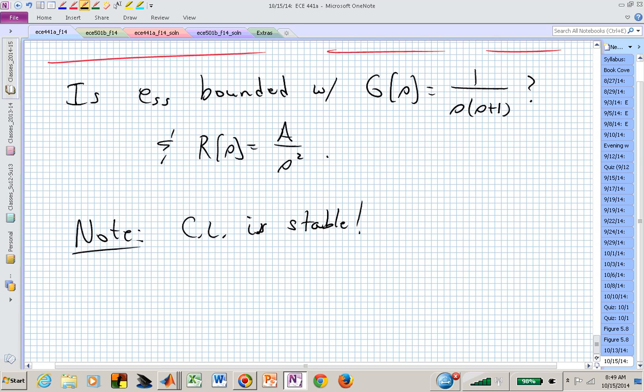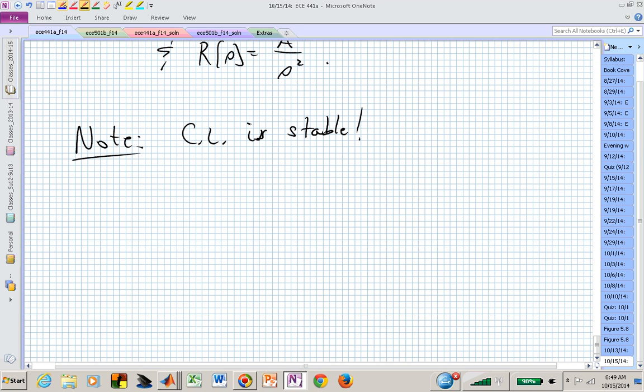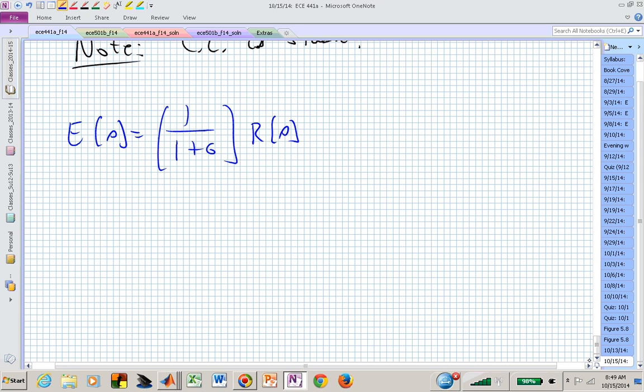And what's our steady state error? We can find that just like we've done. That's this 1 over 1 plus G r. Now we just have to be a little bit more careful with the analysis. Using the final value theorem, there is our expression for this steady state error.